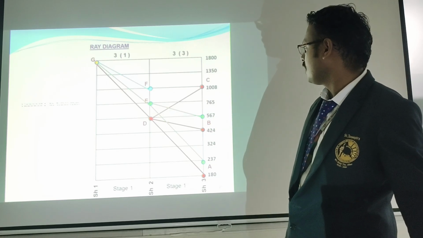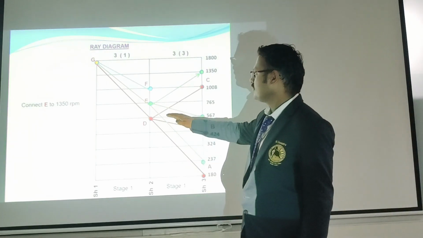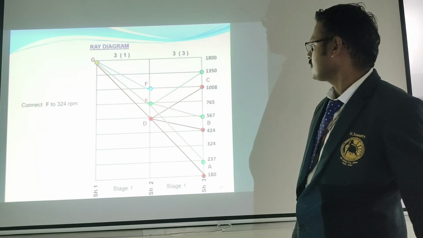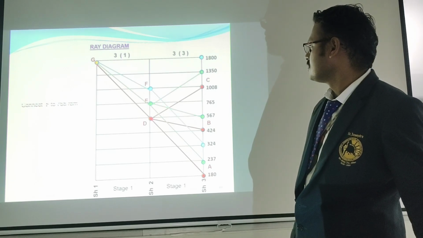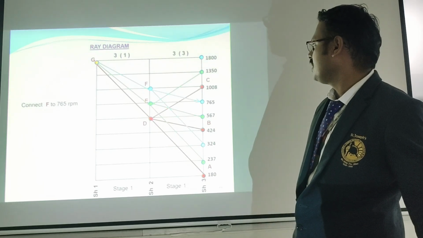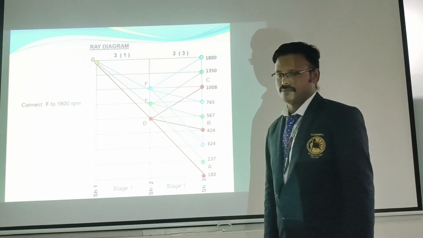Then now we have to draw parallel to the DC. So I have to do the same thing for F speed also. So parallel to the DA, now parallel to the DB, now parallel to the DC. So like this we have to draw the kinematic diagram.